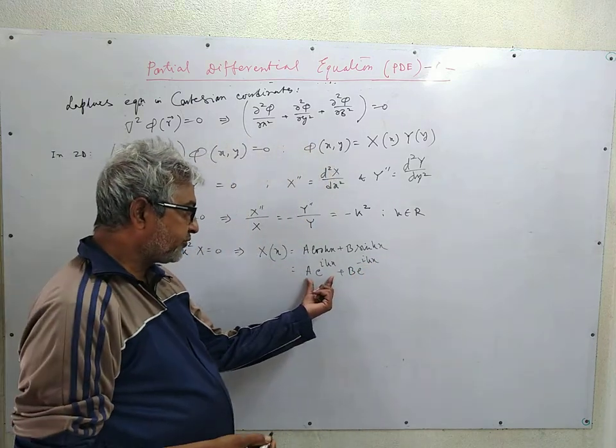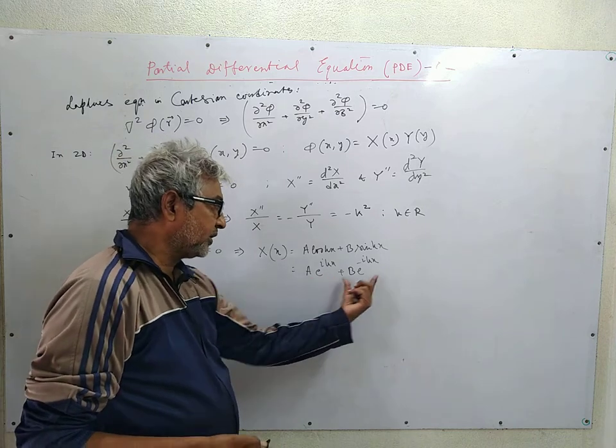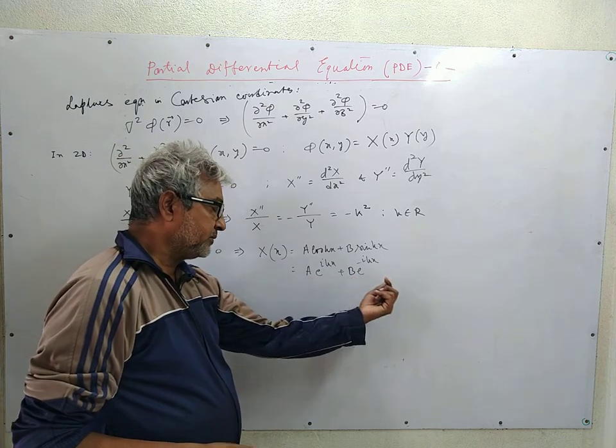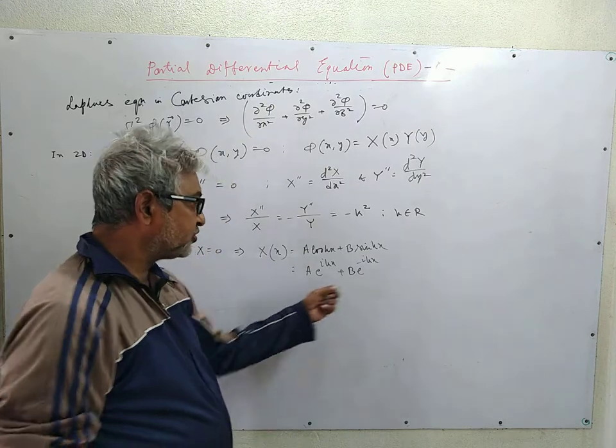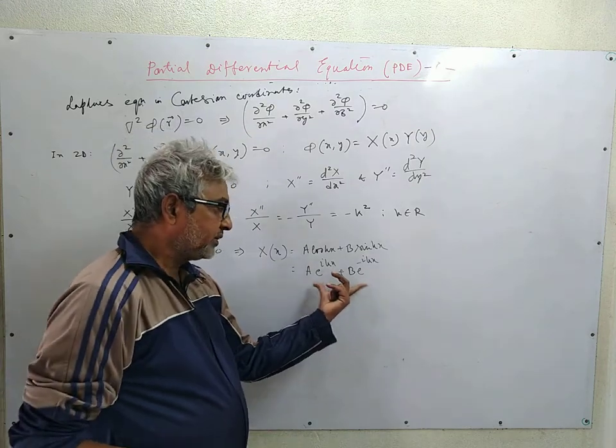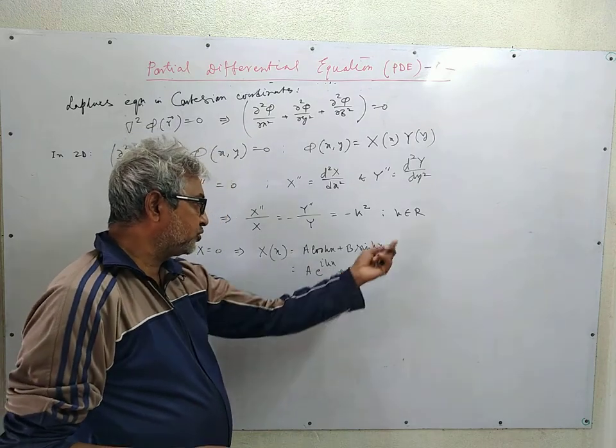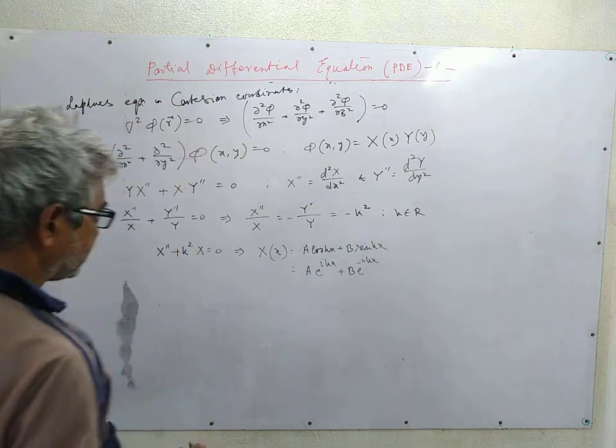This represents a wave traveling along the positive x direction, and this represents a wave traveling along the negative x direction. So we call this the progressive wave solution, and this is the stationary wave solution.